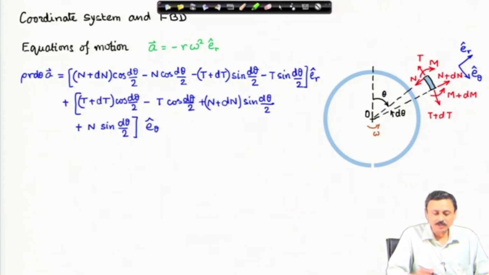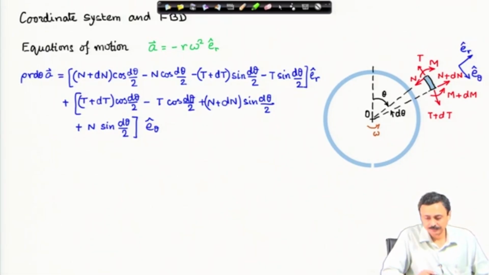Next, we write down the components of forces in the E theta cap direction. T plus dT will now have a cosine d theta by 2 component. T will have a cosine d theta by 2 component in the negative E theta direction. N plus dN and N both have a sine d theta by 2 component in the E theta direction.